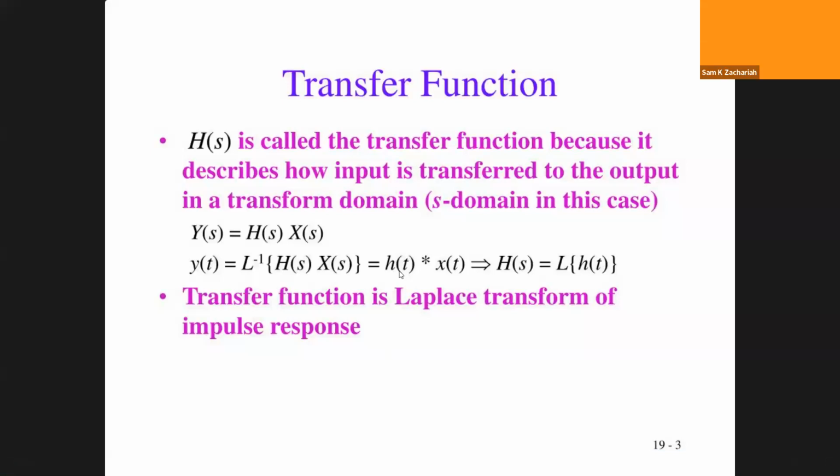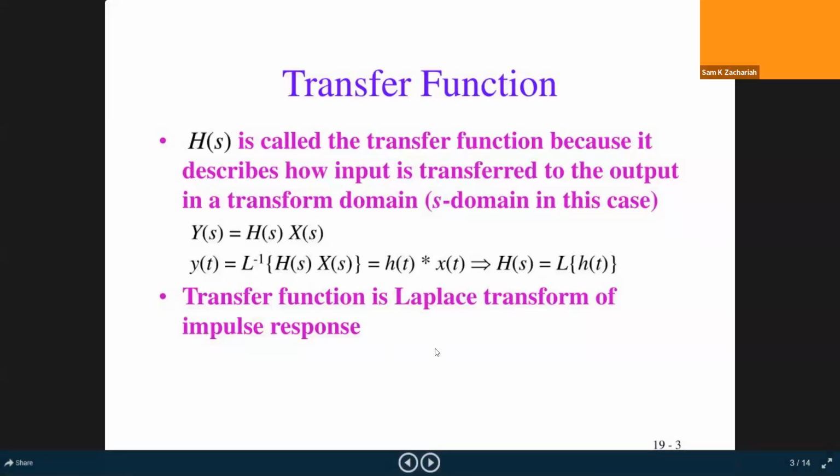The Laplace transform of delta t, the unit impulse, is unity. So if you give a unit impulse command to this system, suppose X(s) is the Laplace transform of the unit impulse command, then X(s) is equal to 1, right?